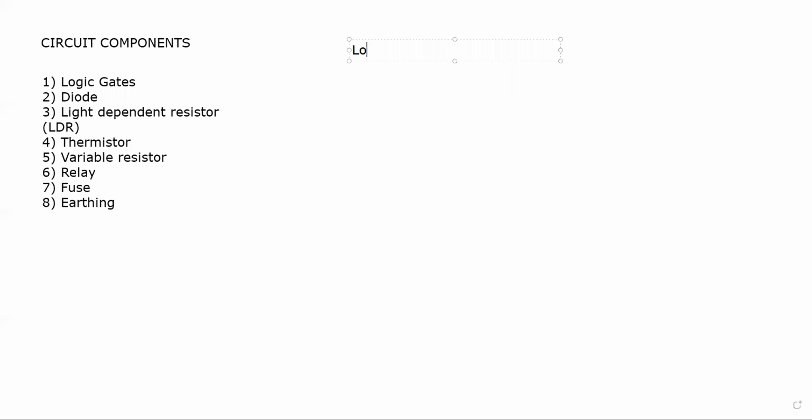First, what is a logic gate? What are logic gates? Logic gates are a combination of switches. When switches are arranged in a different pattern or manner, we call them a logic gate. And what is the logic of a switch?